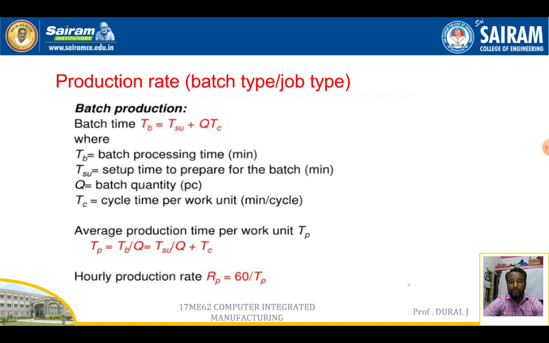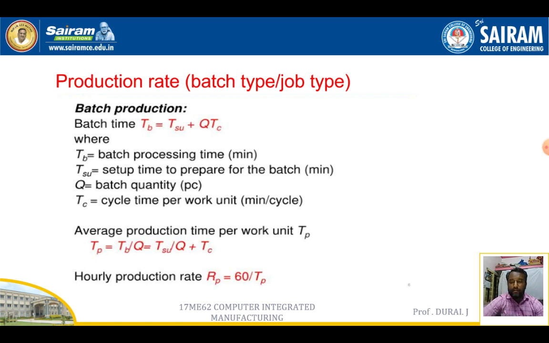With that we can find the average production time, TP. TP is equal to TB by Q. We know that TB is equal to TSU plus Q TC, so TP is equal to TSU by Q plus TC.